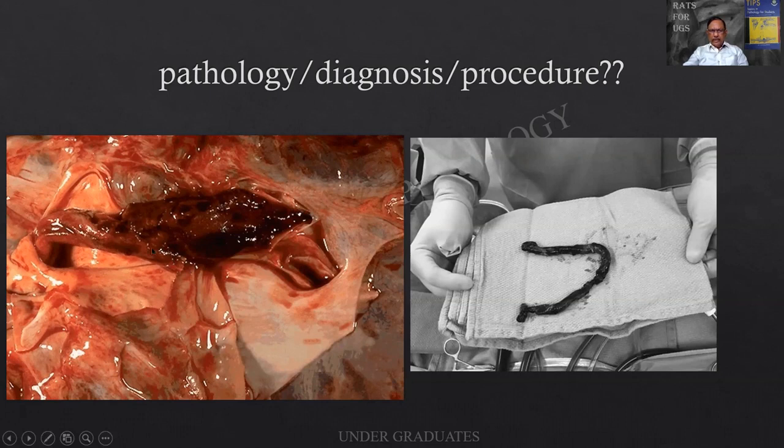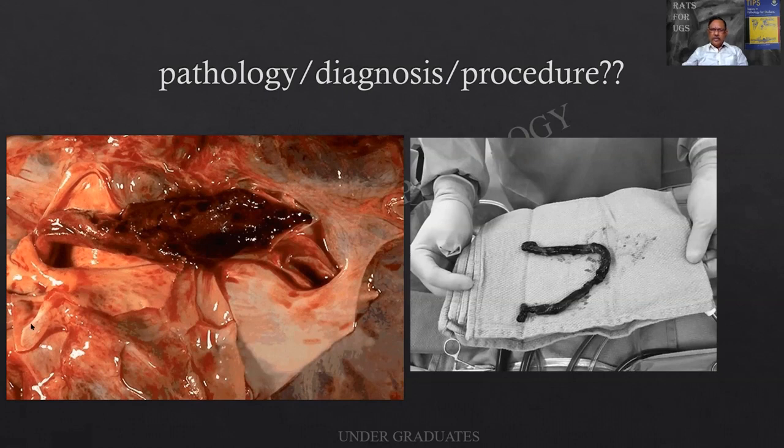In fact, it is abreast on both sides, and probably there is an extension down. We call it Y-shaped or saddle-shaped. And this is a typical example of a saddle embolus, which can occur from the leg veins or any stasis. This is also called an agonal thrombus, and the patient will die immediately.